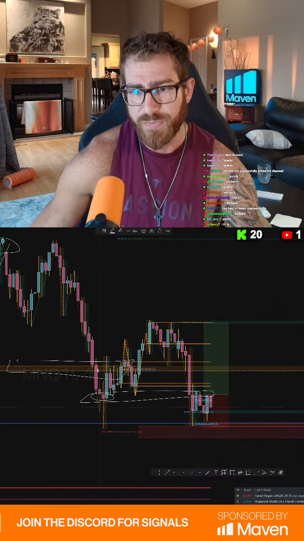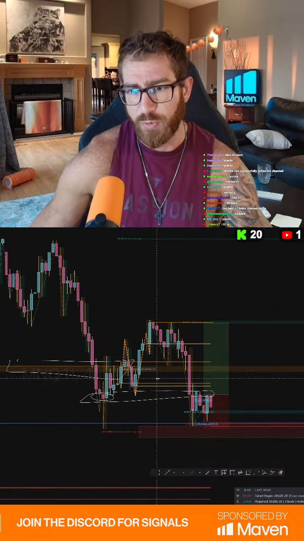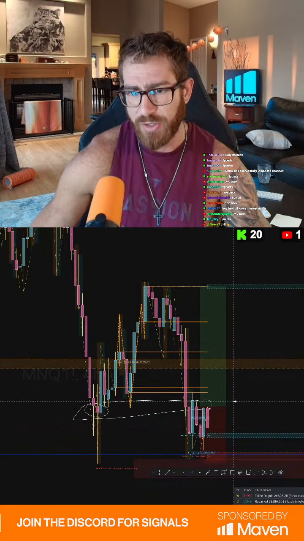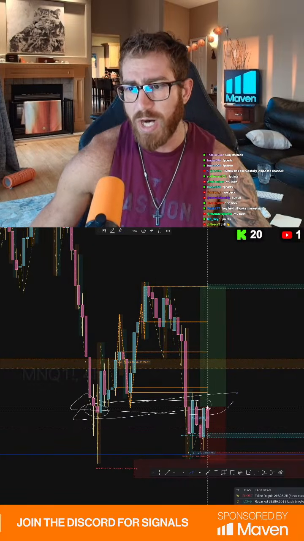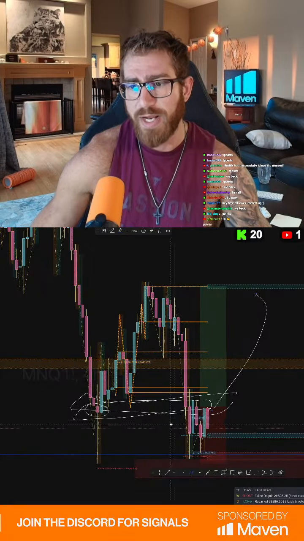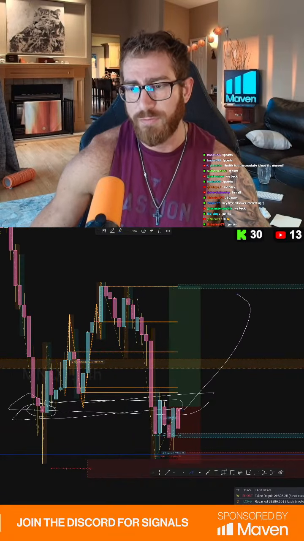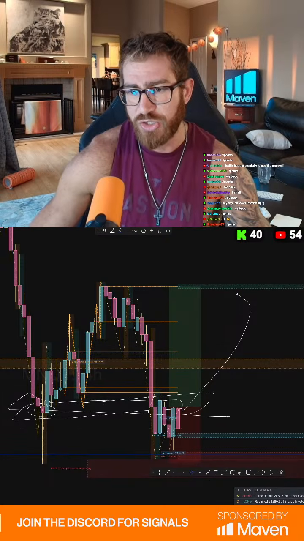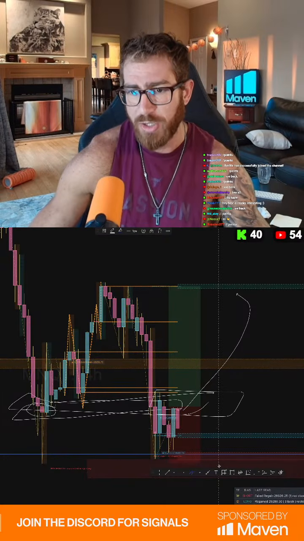Anyways, I need to add more to it, but ideally it would say, hey, you've regained this, so the 4 hour is going to come up here, right? That way you can have biases on the 1 and 4 hour, and you can say, hey, this is the zone in which we want to be buying on the 4 hour.